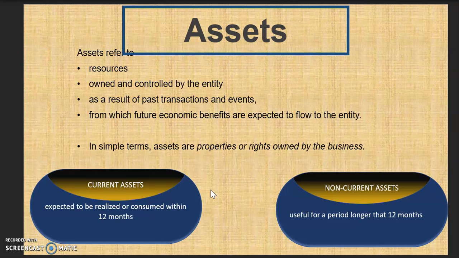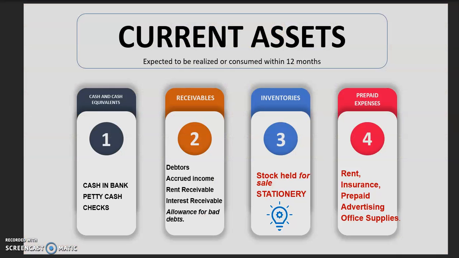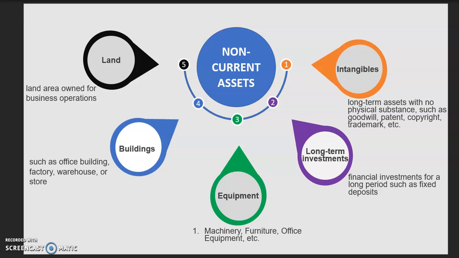Previously we looked at assets and we explained what is an asset, and then we went on to explain the different types of assets, your current assets as well as your non-current assets.